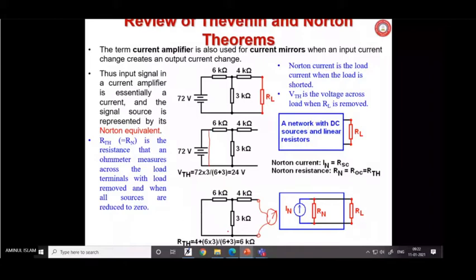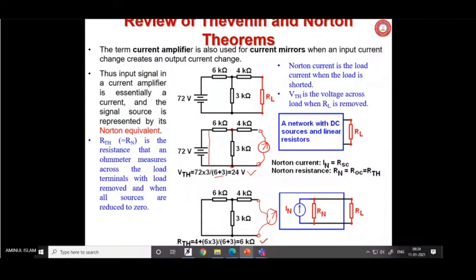Just to Thevenize a circuit, what you have to do is remove the load resistance, connect an avometer, and you will get the Thevenin voltage. If you want to find out the resistance RTH, what you have to do is remove the load and short circuit the voltage source.